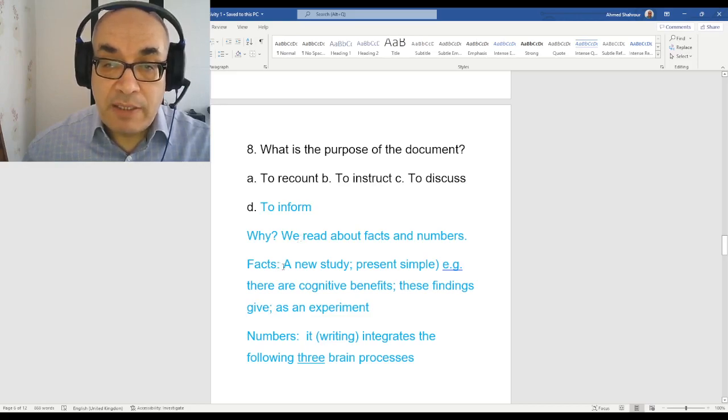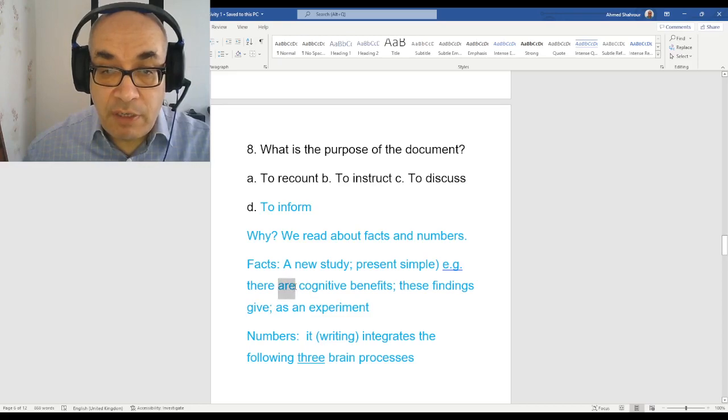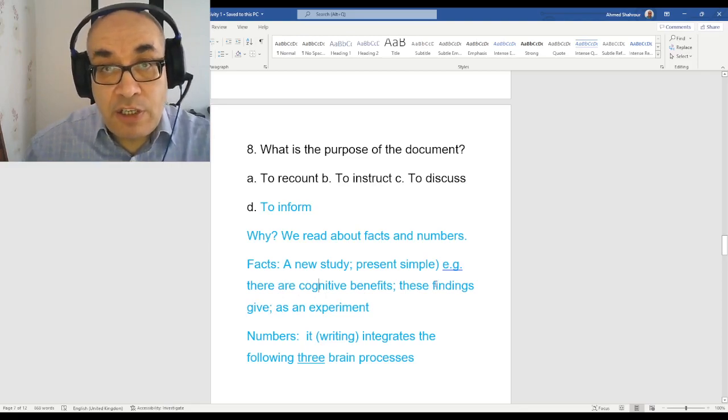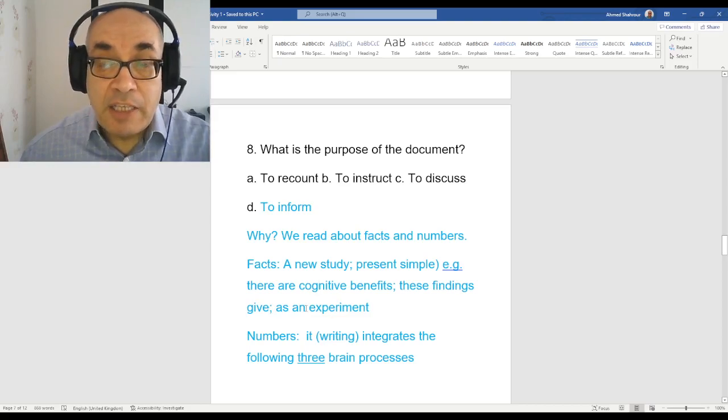Because we have facts. I give you some examples. A new study, so this is a fact, it's a new study. We use the present simple, again, to express or to show facts. For example, there are cognitive benefits, "are" is a verb and it is present simple. This is a statement, it's a fact. These findings, research findings. And then an experiment.